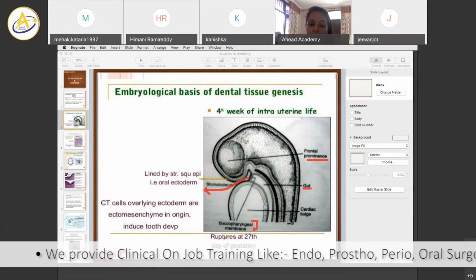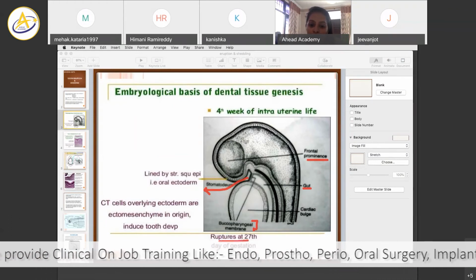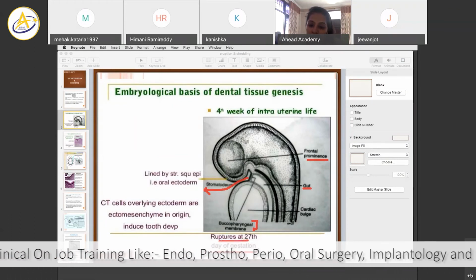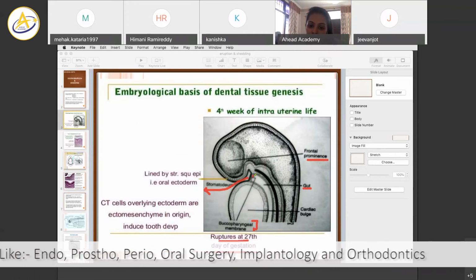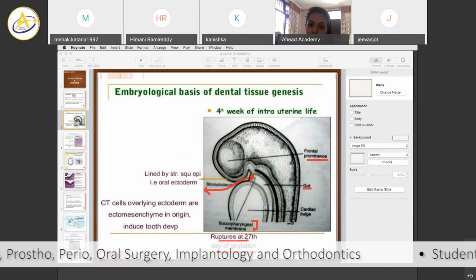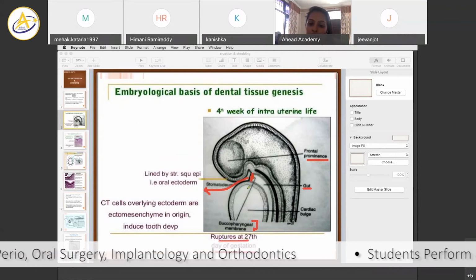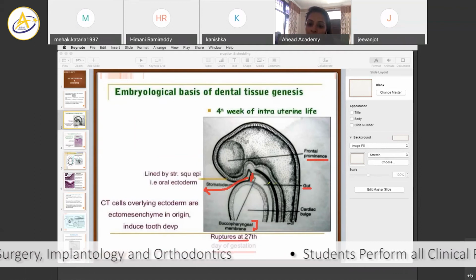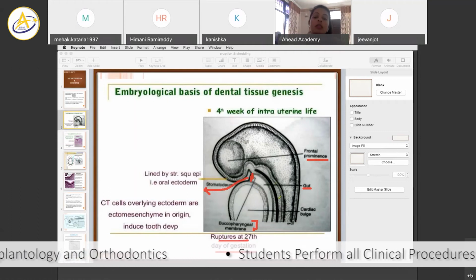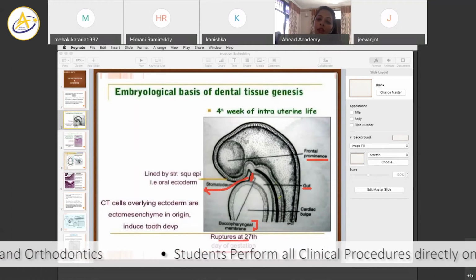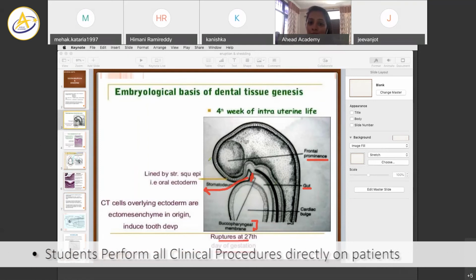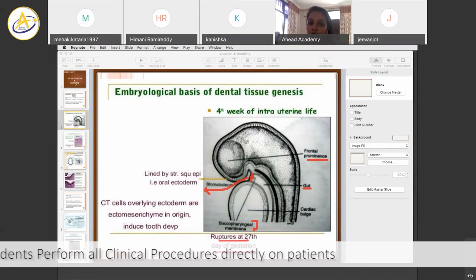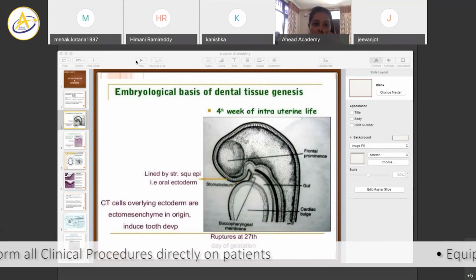The buccopharyngeal membrane ruptures at the 27th day of gestation. When this membrane ruptures, a connection is established between the stomatodeum and the gut. This is where the basis of dental tissue genesis starts.